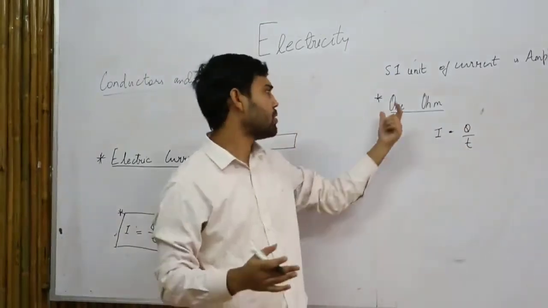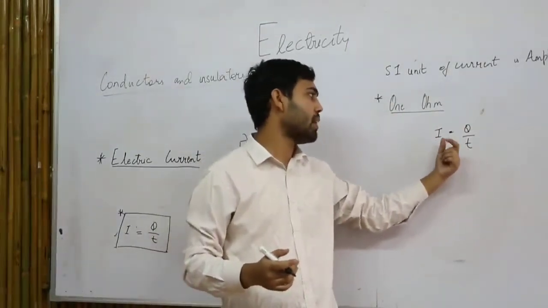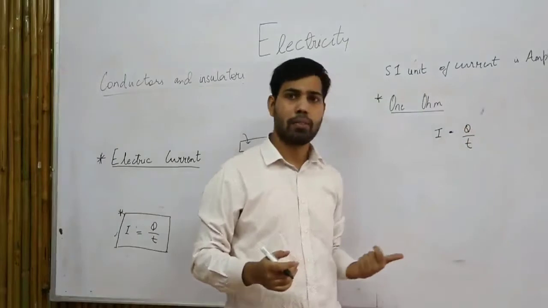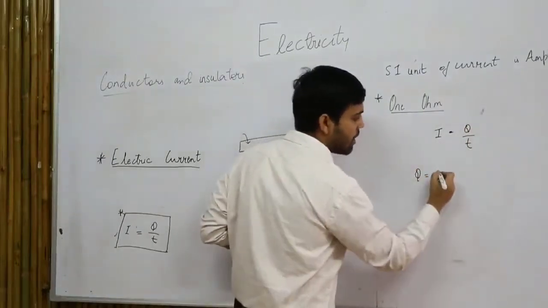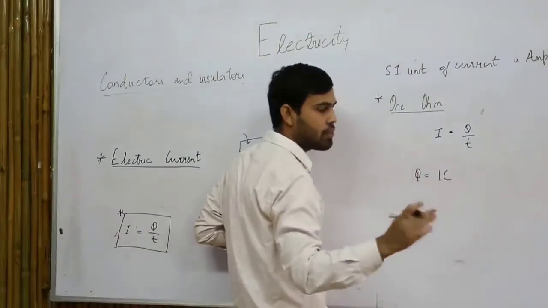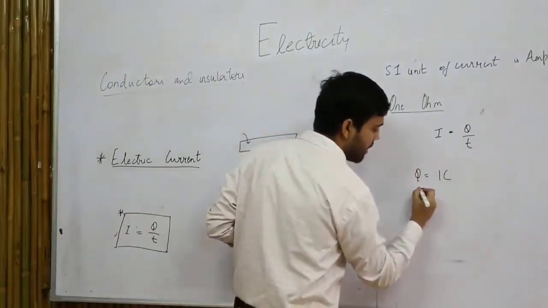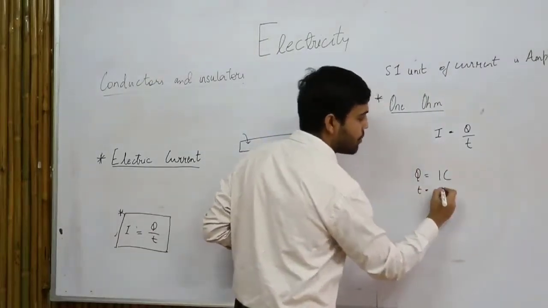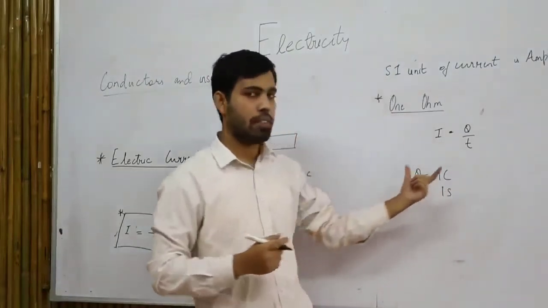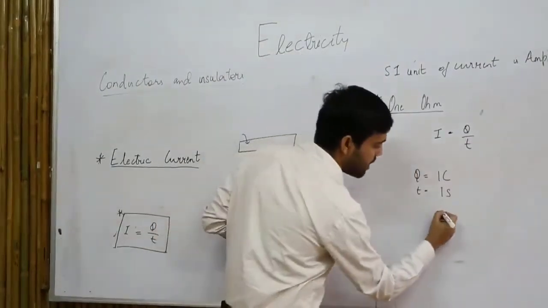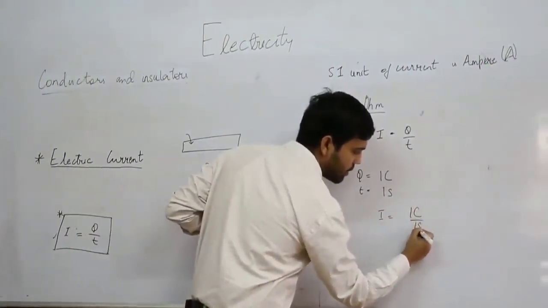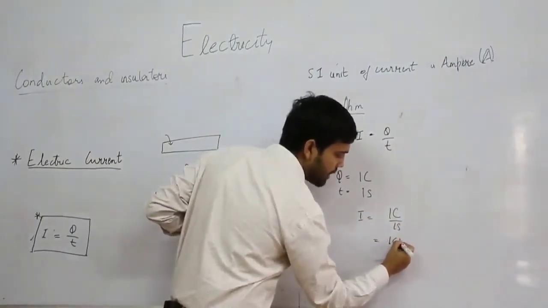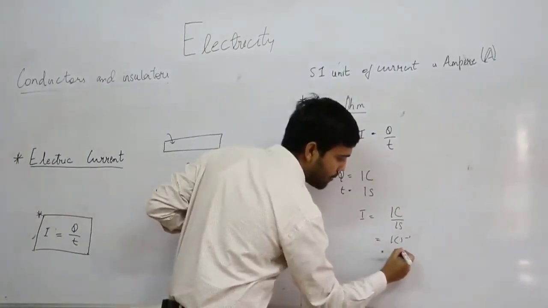So instead of Q, I put 1 coulomb of charge, and the time taken for this charge to flow is 1 second. When I do this, I get I = 1 coulomb by 1 second. So I have 1 coulomb per second, or 1 ampere.